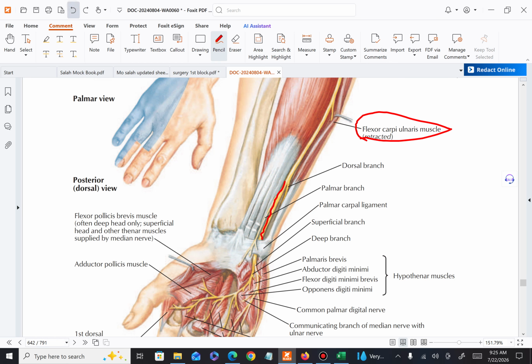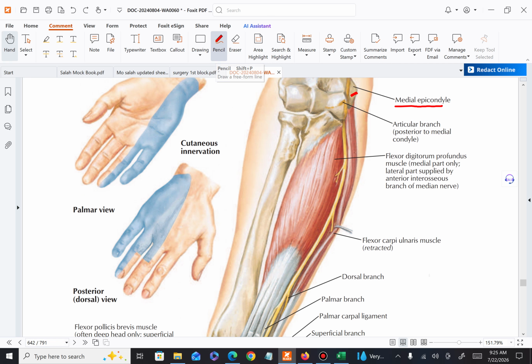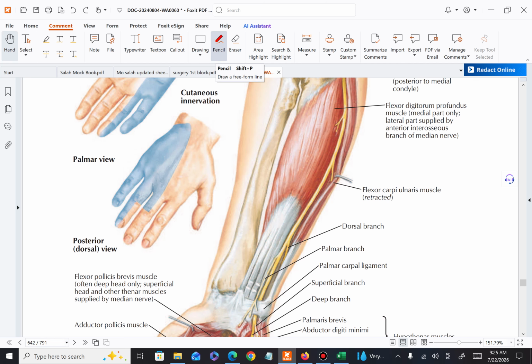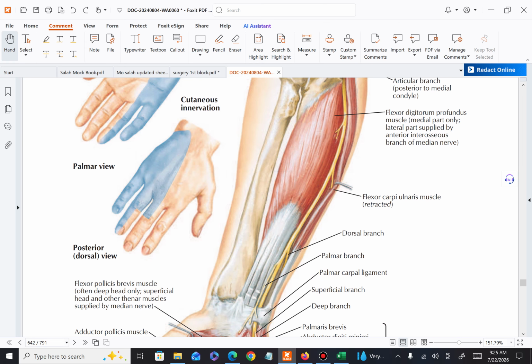Now the distribution of the ulnar nerve. It has muscular branches and cutaneous branches. In the forearm, it supplies 1.5 muscles.